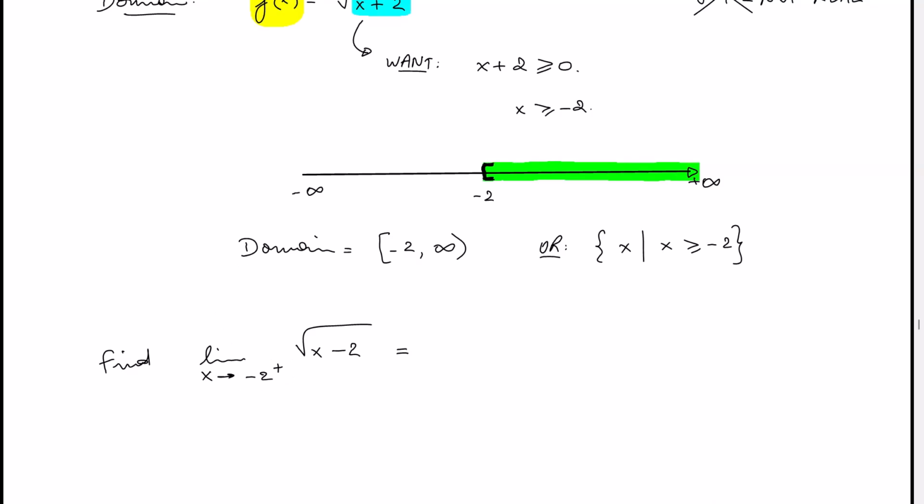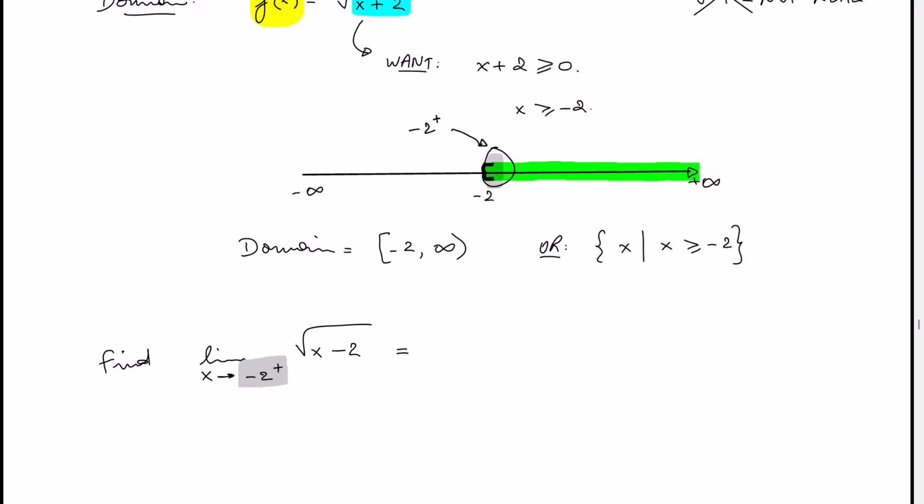And so let's think about it. What exactly is negative 2 plus? Negative 2 plus is something that is almost negative 2, but bigger than negative 2. It's basically this section of the number line. This is what we call negative 2 plus.